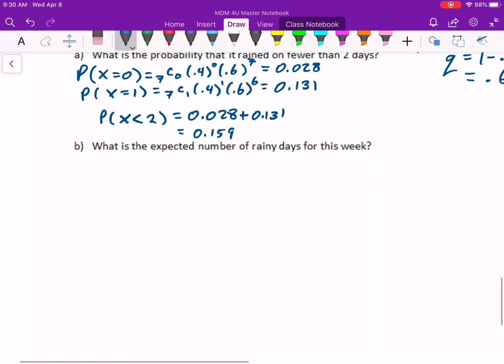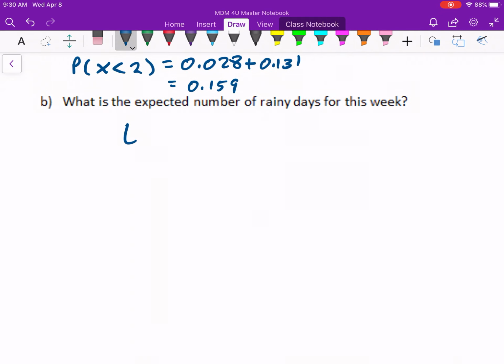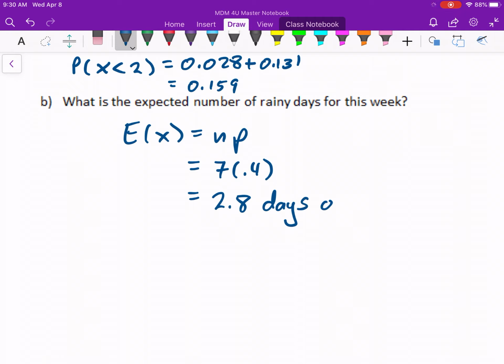What's the expected number of rainy days for this week? E of x equals np, 7 times 0.4, 2.8 days on average. Well, actually, let me just rephrase that.